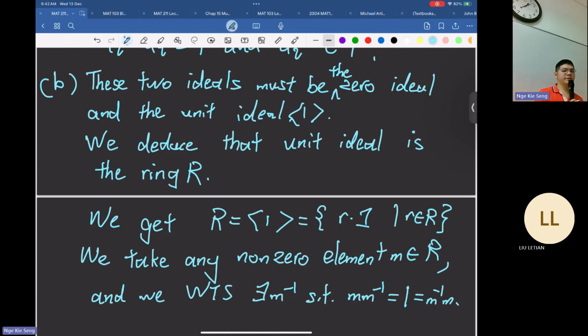Not enough. Is this enough to find the inverse? Not enough. How to find the inverse?